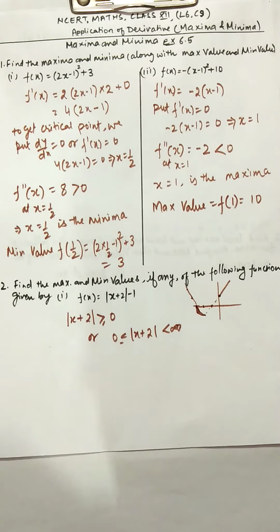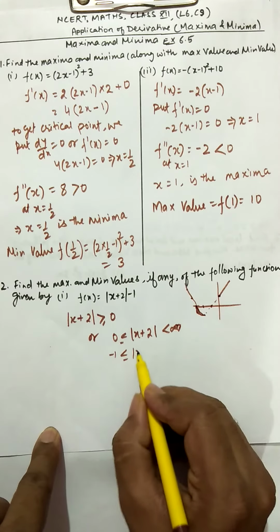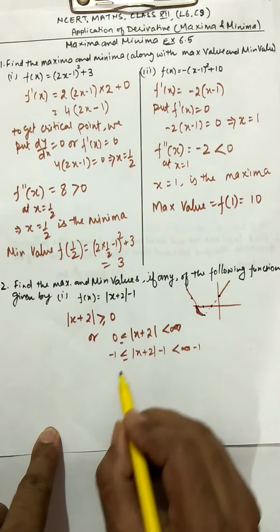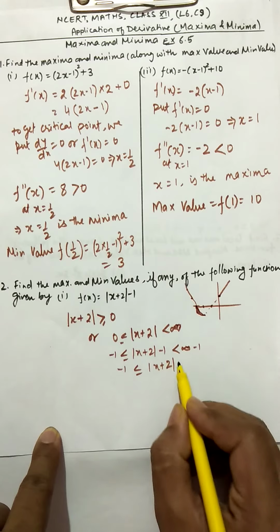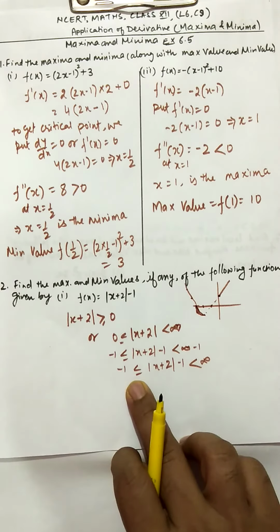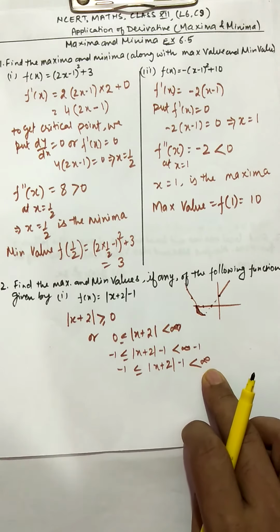And if you subtract 1 from both sides, then this is -1 ≤ x + 2 - 1 < infinity - 1. So this is x + 2 - 1 < infinity. So you can see here the minimum value of this function is -1 and there is no maximum value.